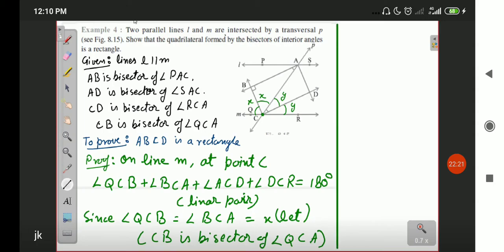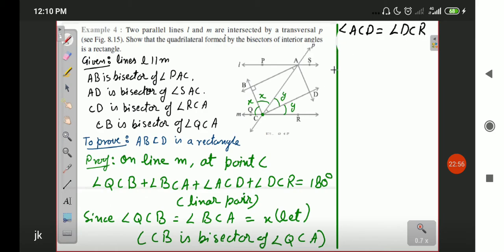In the same manner, angle ACD is equal to angle DCR.